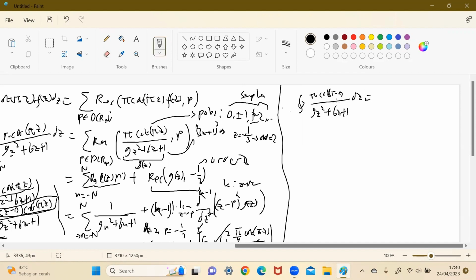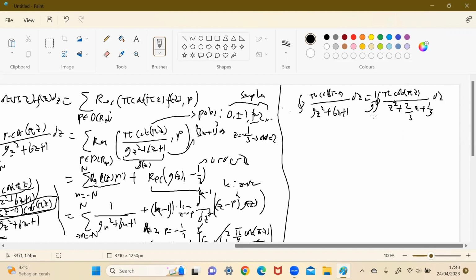Here we move the 9 above, so we get 1 over 9, pi cot pi z over z squared plus 2/3 z plus 1/9 dz.